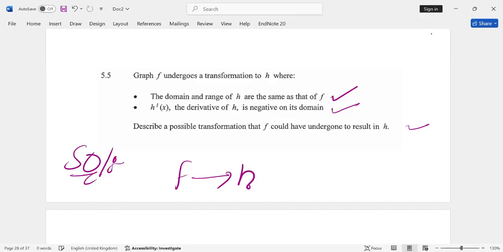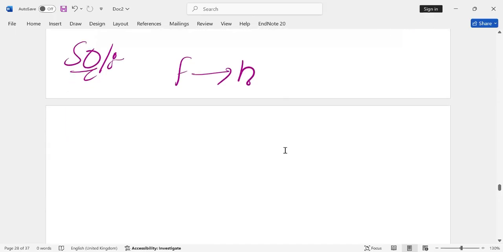All right. So the first condition is the domain.